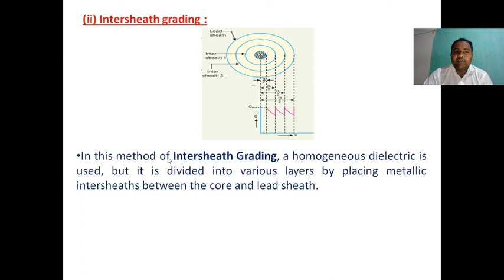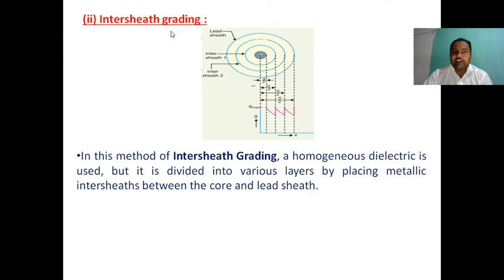In this method of intersheath grading, a homogeneous dielectric is used, but it is divided into various layers by placing metallic intersheaths between the core and lead sheath. So, we use the homogeneous dielectric material. The voltage distribution nearer the conductor is more and in the outermost layer is less.